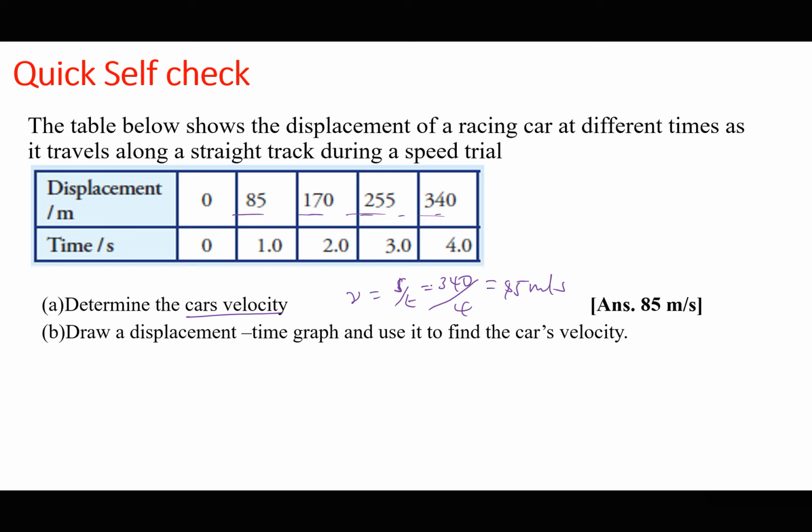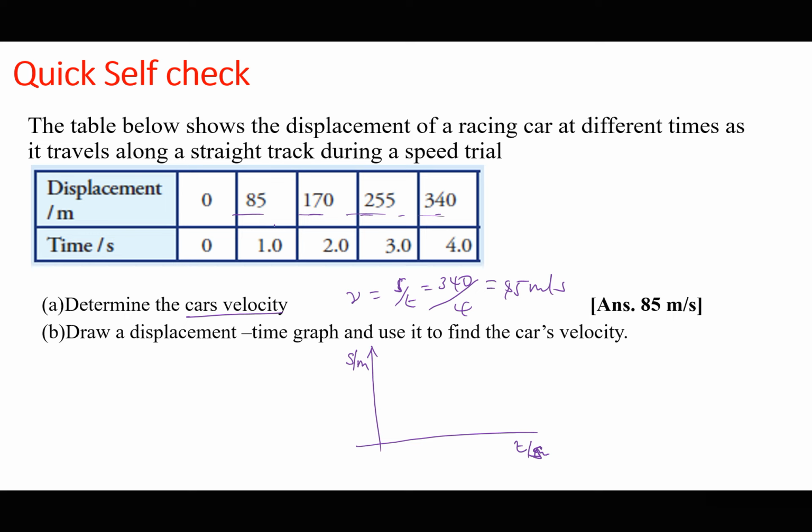So then you can draw a displacement time graph. You can pick a graph paper and draw a displacement against time graph. Time is in seconds. So from 0 to 85, when I add 85, that's 170 plus 85.